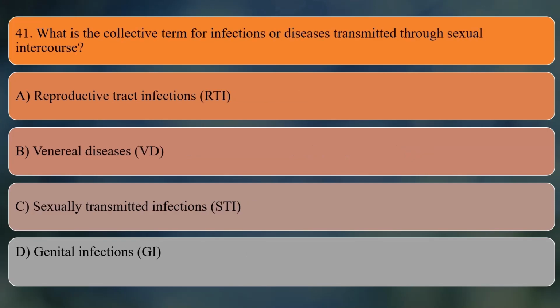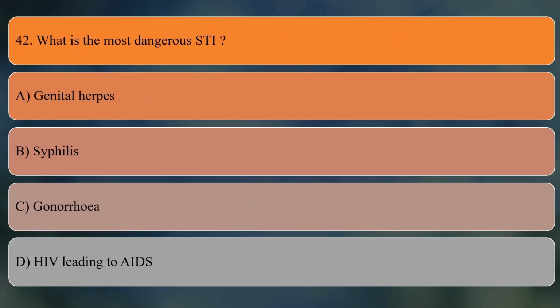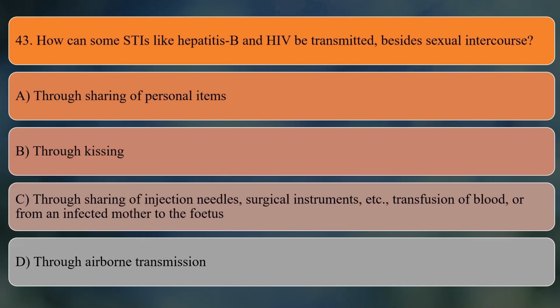What is the collective term for infections or diseases transmitted through sexual intercourse? What is the most dangerous STI? How can some STIs like hepatitis B and HIV be transmitted, besides sexual intercourse?